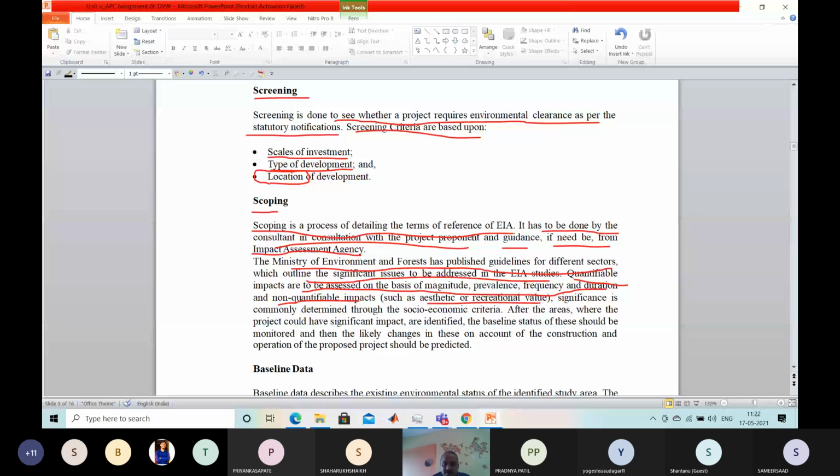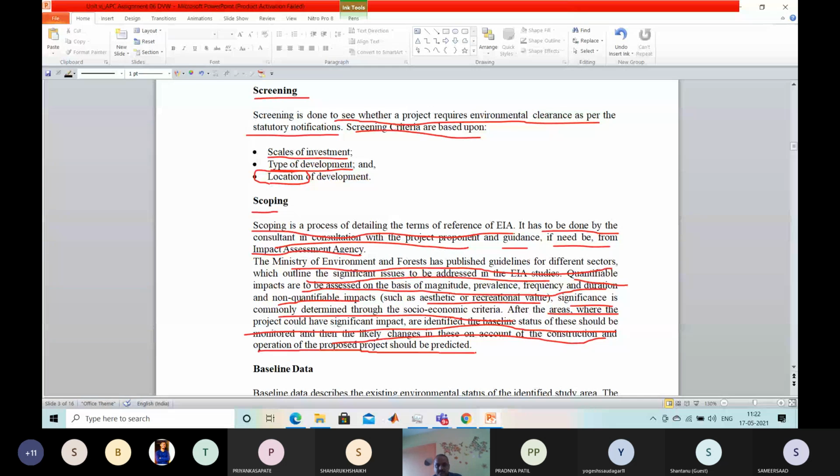That has to be analyzed, and the significance is commonly determined through the socio-economic criteria. After that, where the project could have significant impact are identified, the baseline status should be notified, and then likely changes on account of construction and operation of the proposed project should be predicted. So that is the scope.